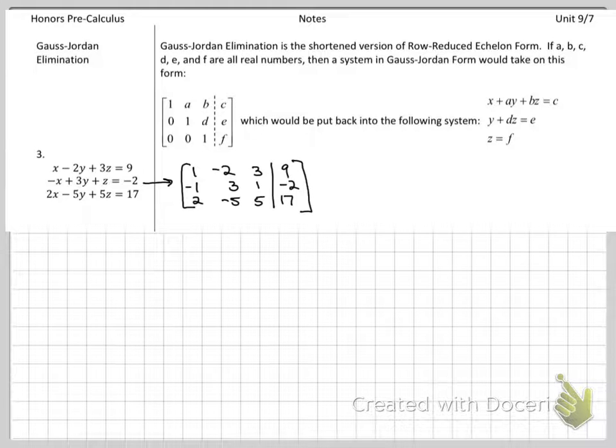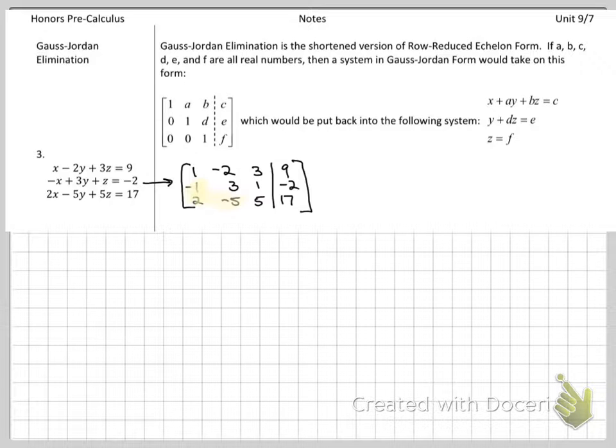And then do all the steps. Work on getting your stair step zeroed out in the correct order to make it easier. And check and see if you got it right. Good news is now you can type it into a calculator and see if you got it right or not.